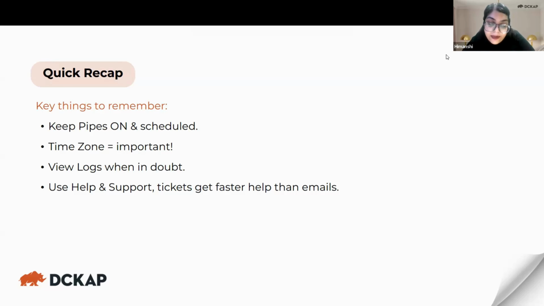Time zone is really important, so always set up your user time zone. Check logs when you are in doubt. If you have doubt, just take a screenshot and share it with the support. Use help and support, because tickets are the fastest way, faster than emails.